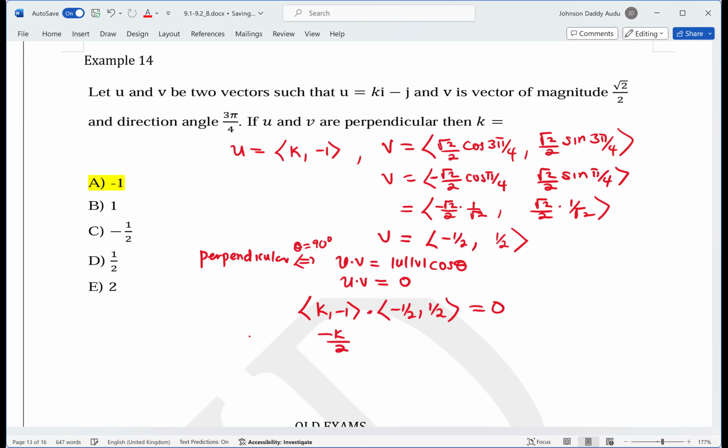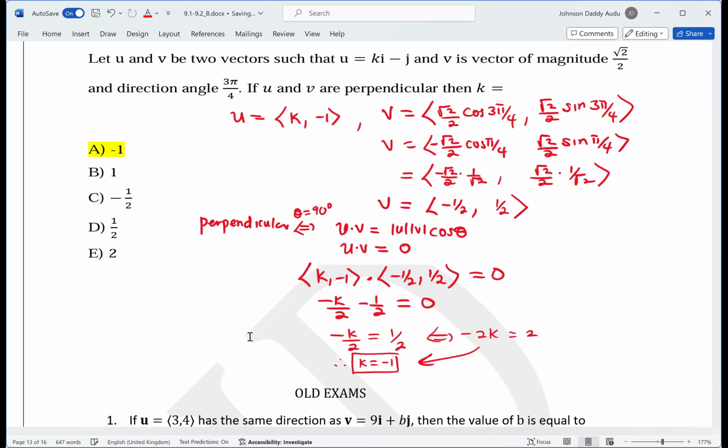Then minus 1 over 2 is equal to 0. And this means that minus k over 2 is just equal to half. And from here, you'll get that k has to be minus 1. Or you can just cross multiply if you like. You have minus 2k is equal to 2. So k has to be minus 1.